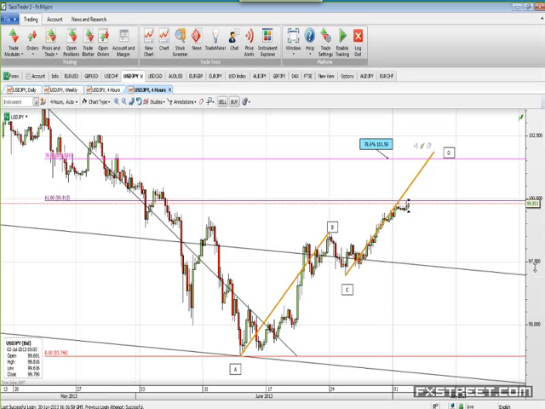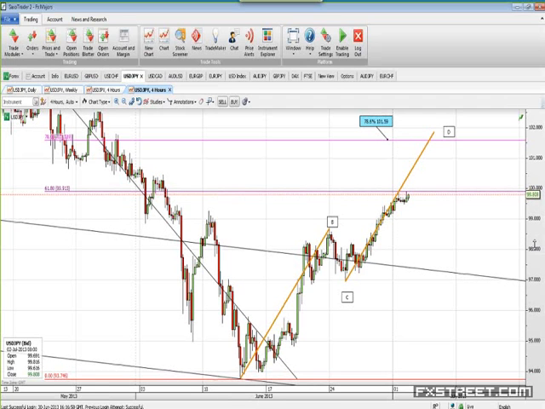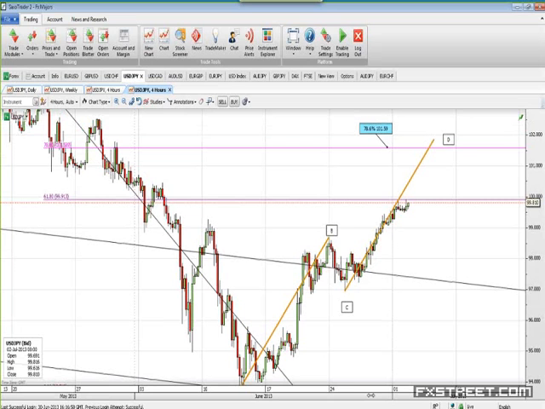So what we're trying to do, pretty unsuccessfully this week, is buy into dips. Obviously this being a resistance level, I'm looking for mild pullbacks off the 61.8% fib to get long, to take us higher.